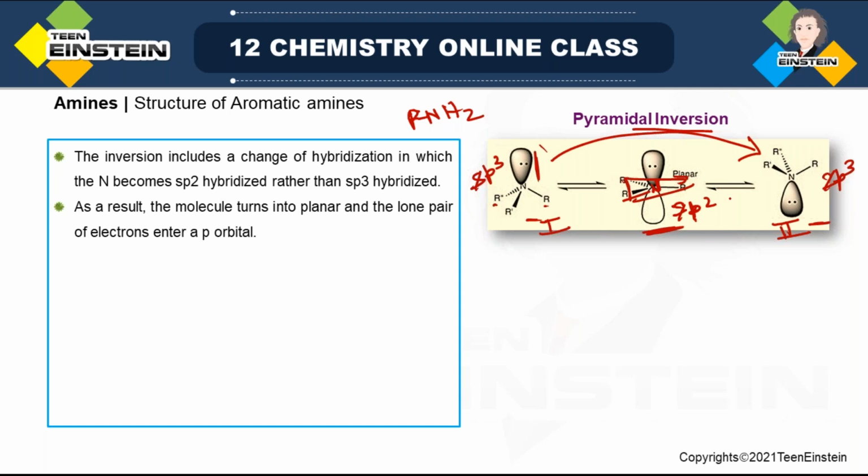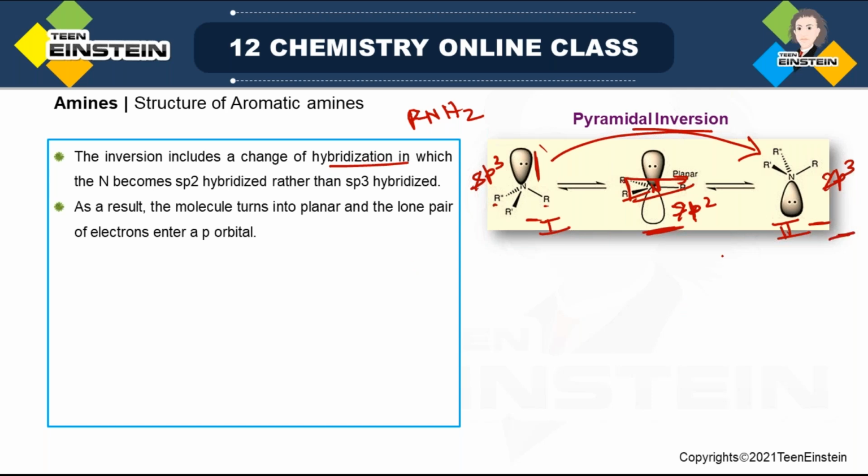So when it is moving from 1 to 2, it is going via sp2. So sp2 hybridization is also possible, and the angle, we know, is trigonal planar according to sp2 hybridization. So in case of aromatic amines, basically sp2 hybridization is observed. This inversion includes a change of hybridization in which N becomes sp2 rather than sp3, but ultimately it becomes sp3.